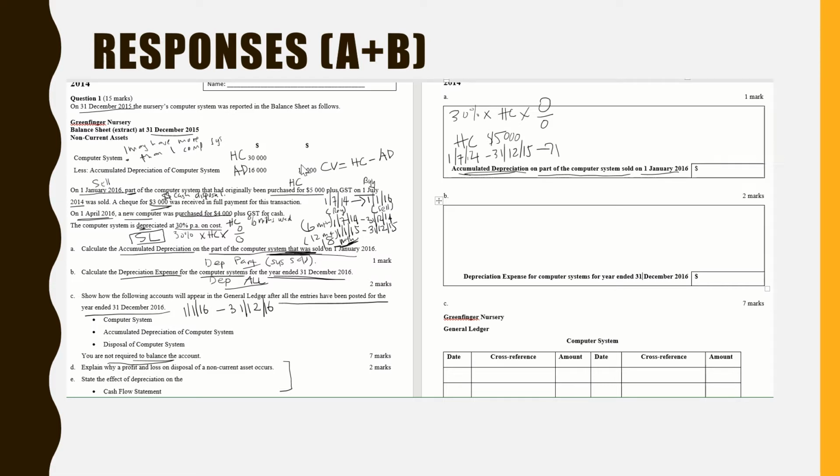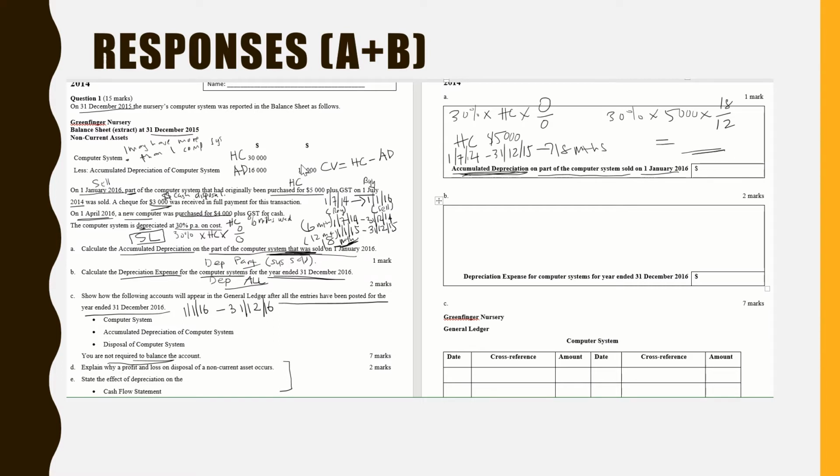So we've worked out that's a whole 18 months that the asset has been used, and that would be the number of months that we're using to calculate the accumulated depreciation up to the date it was sold. So here we just calculate taking 30% multiplied by the historical costs and multiplied by 18 months out of 12 months.